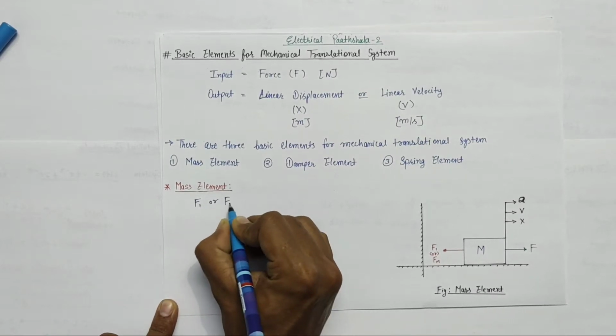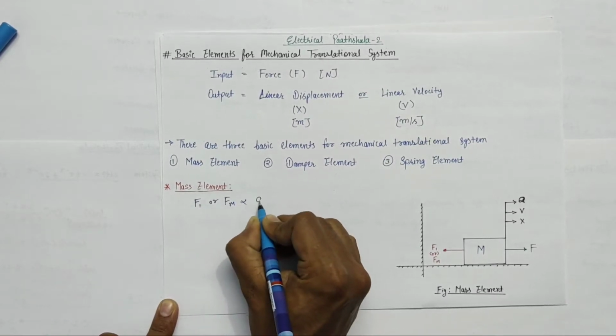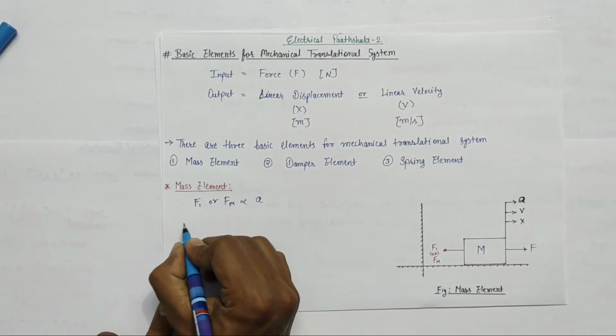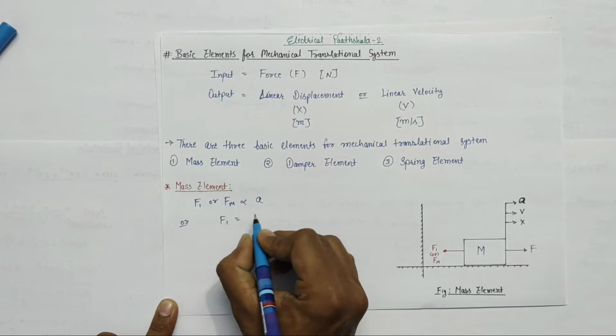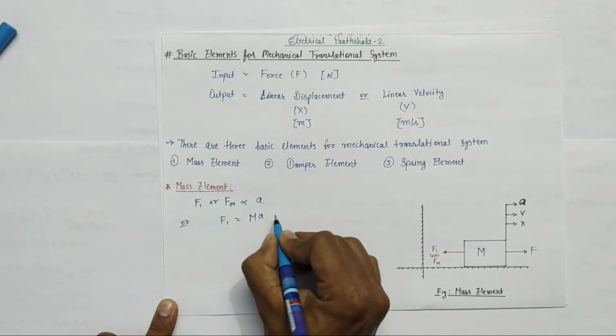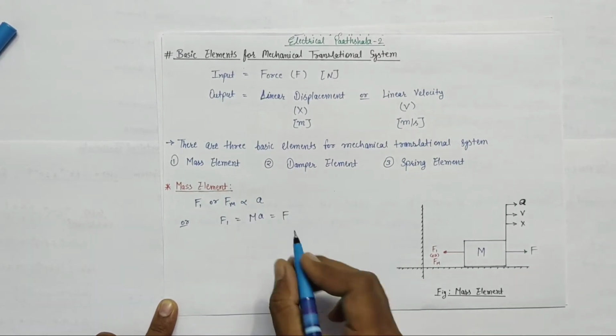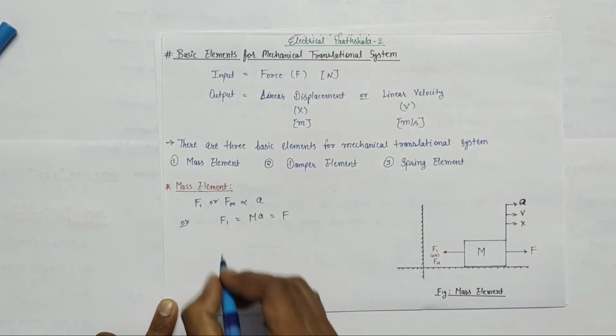So we can write here that F1 or Fm is directly proportional to acceleration a, or we can write it as F1 equals m into a, which equals F, because the other two elements are negligible here.